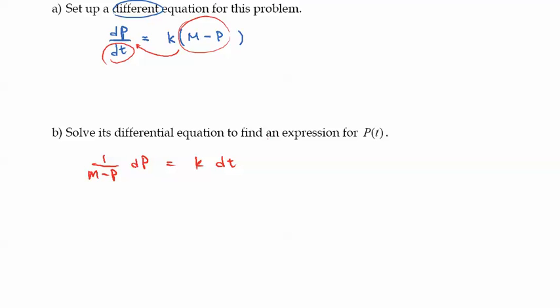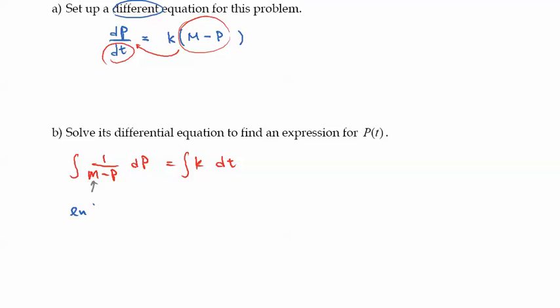Now keep in mind that the maximum level of performance, m, is a constant term because technically it shouldn't change. The maximum level of performance should always stay at, let's say, 100%. So in this case, this is a constant.